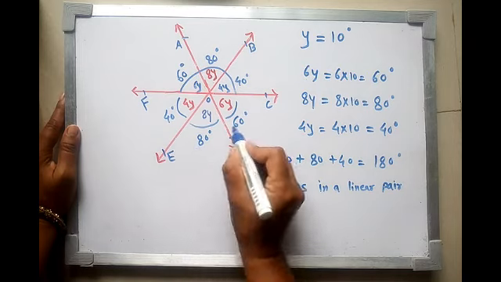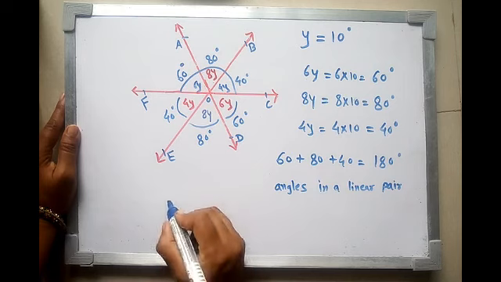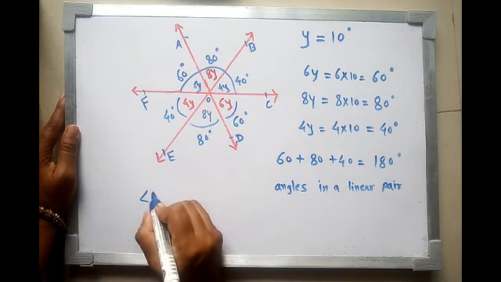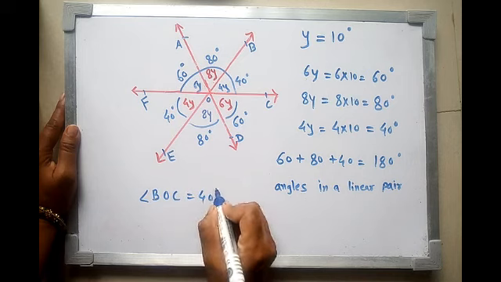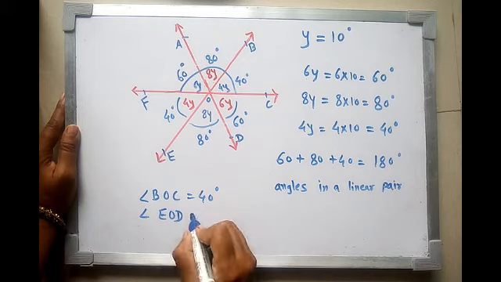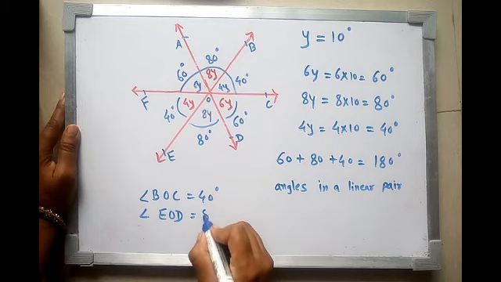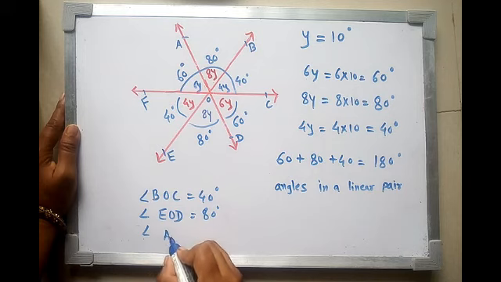We were asked to measure the three angles in the question: angle BOC is equal to 40 degrees, angle EOD is equal to 80 degrees, and angle AOF is equal to 60 degrees.